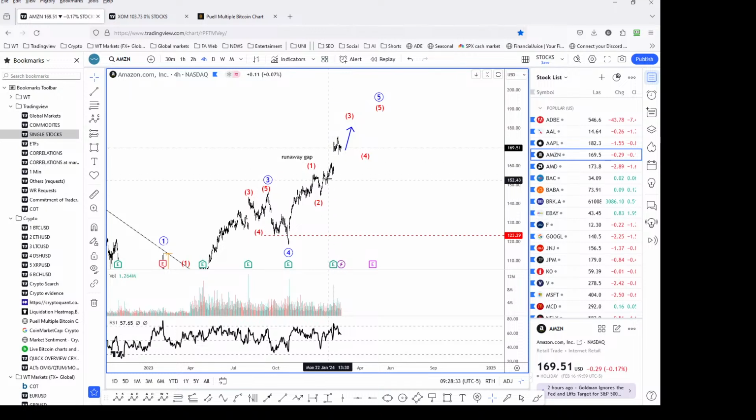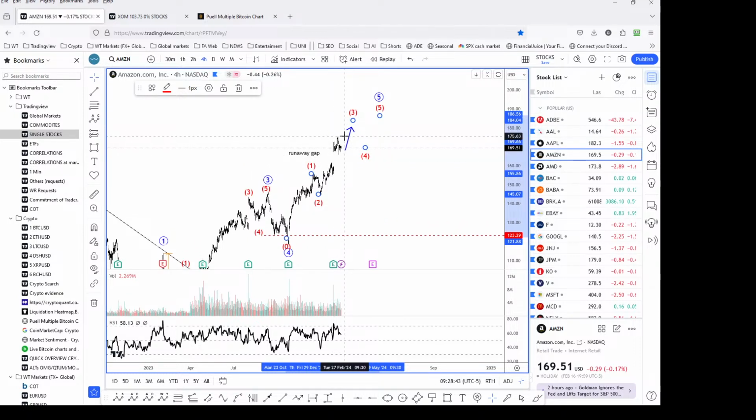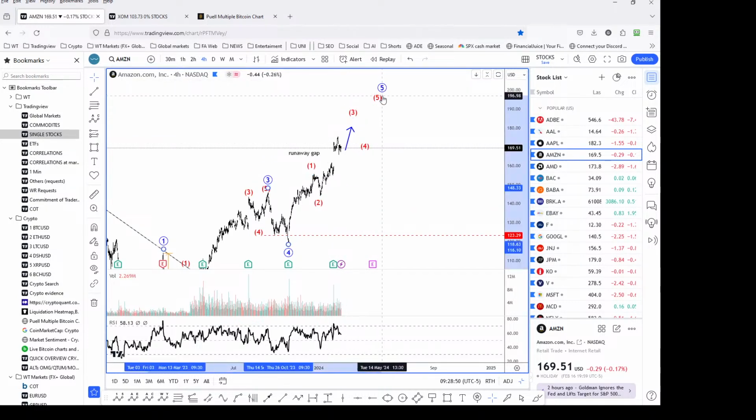You can see a very nice runaway gap. Usually it occurs in the middle of wave 3. So if this gap stays open and we break to a new high above 175, I think this gap could stay open for a longer period until we see a completion of this 5-wave rise that is underway from the end of October.